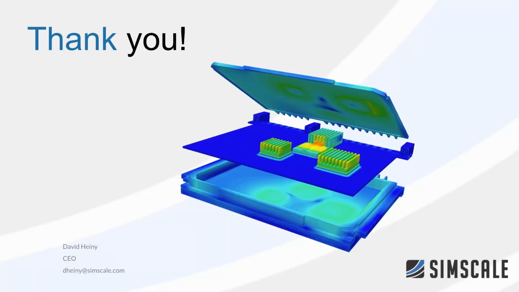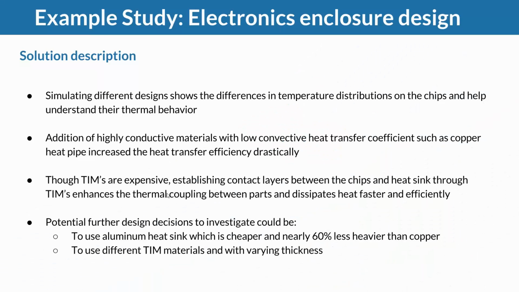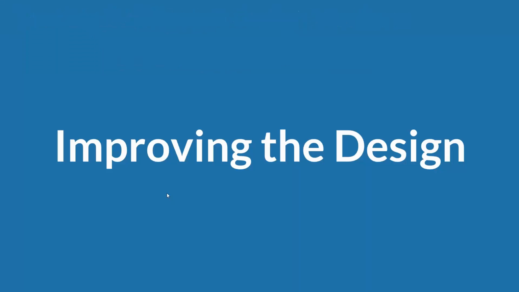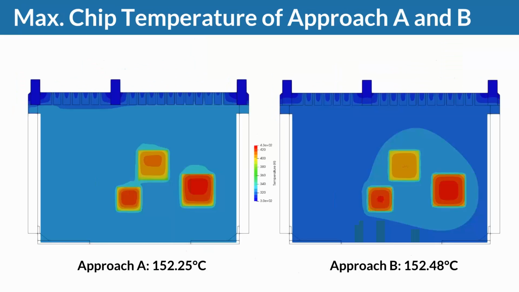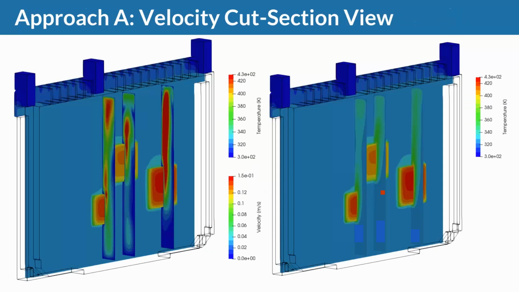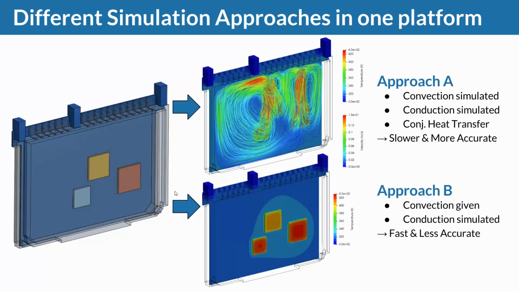One registrant asks if we're neglecting natural convection in approach B. Let me quickly go back to the results. Here are the two next to each other, right? This compares approach A with approach B. In approach B, are we neglecting natural convection? We're not.